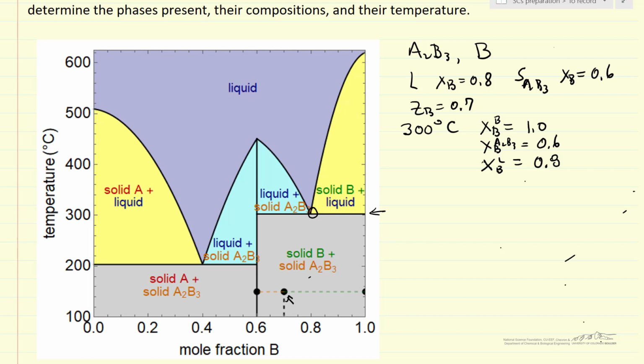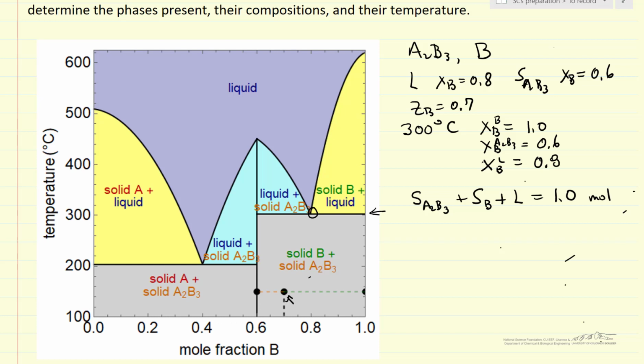We need to determine the amounts, and to do that we have to do a mass balance. So an overall mass balance would say the number of moles solid A2B3 plus the number of moles of solid B plus the number of moles of liquid equals the 1 mole that we start with.